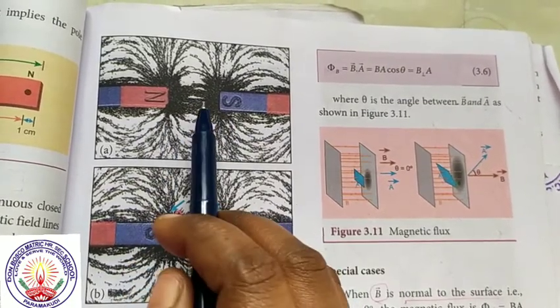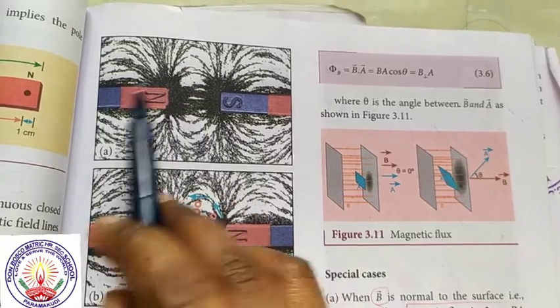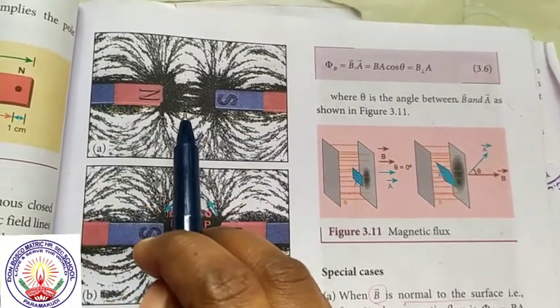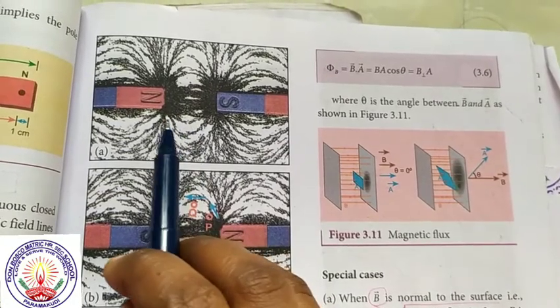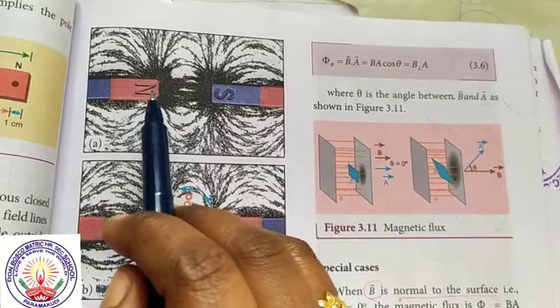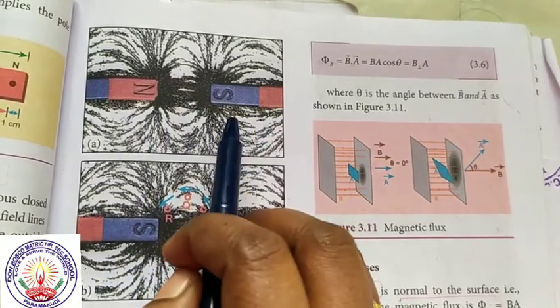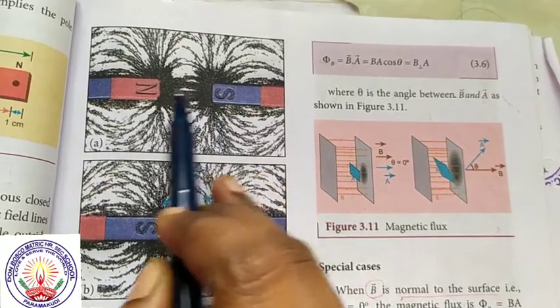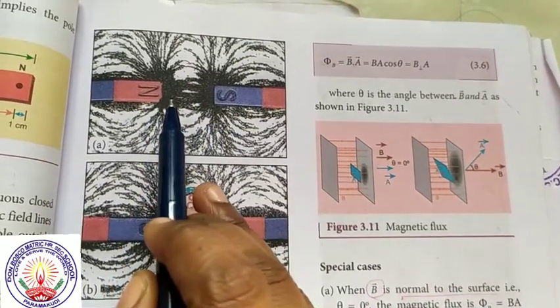So outside the magnet north to south, inside the magnet south to north. This is the first point.